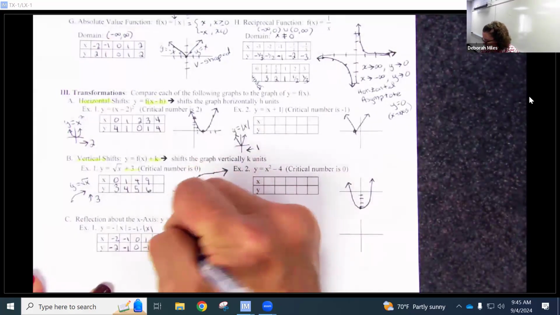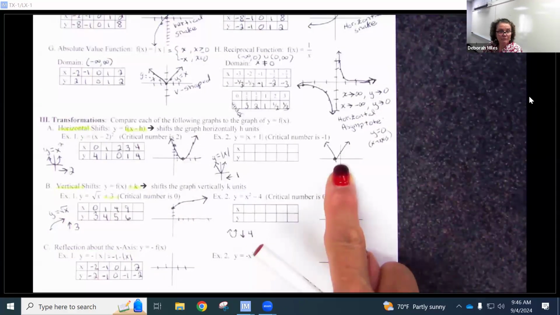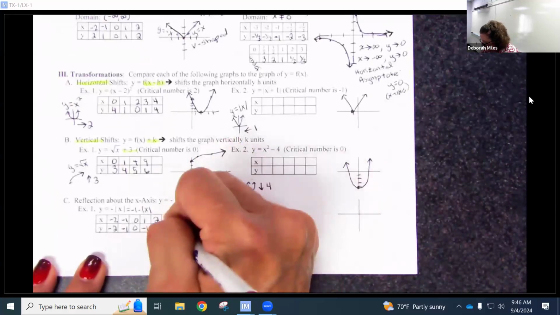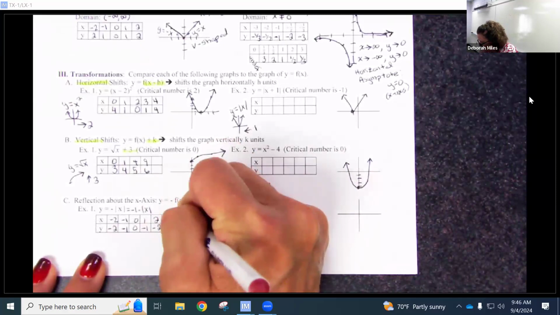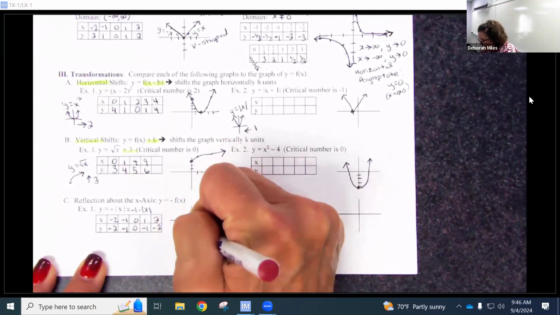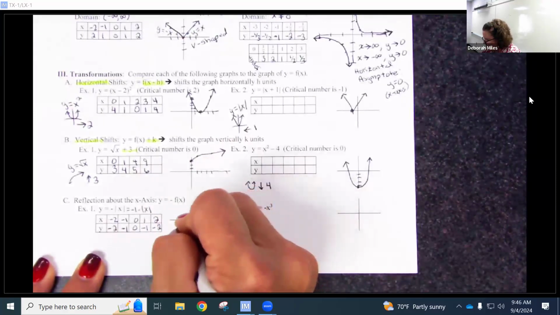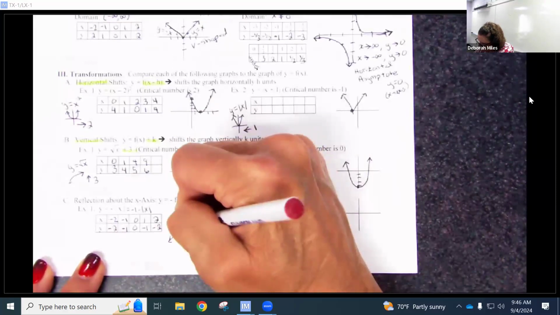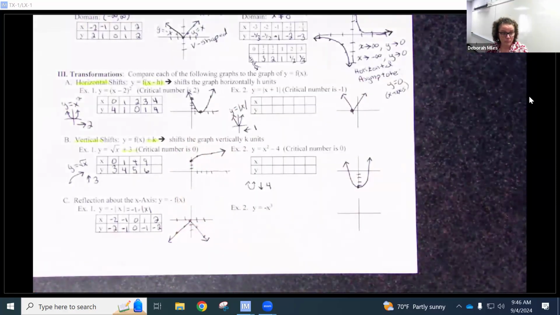Now I'm going to graph those ordered pairs and see what's happened to the graph of my absolute value function. (-2, -2), (-1, -1), (0, 0), (1, -1), (2, -2). This graph is still V-shaped, but it's upside down.